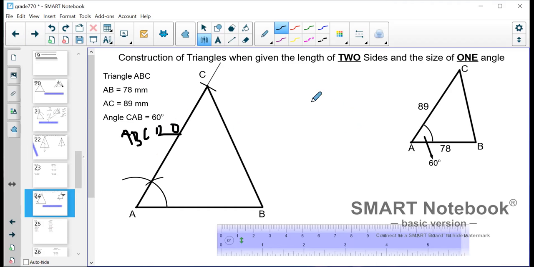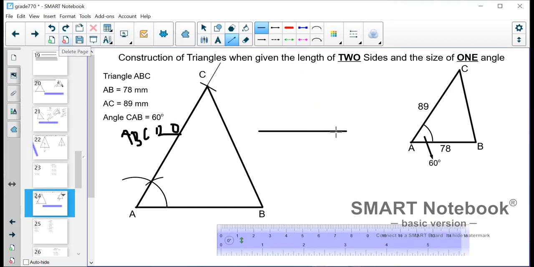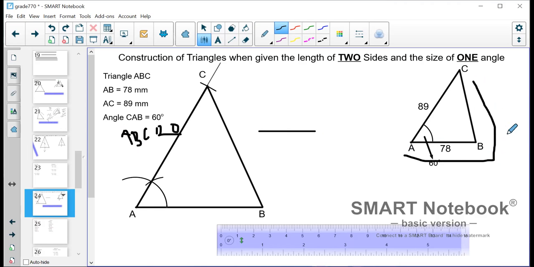So in this case, we draw our base AB, right? We construct our angle from B, because looking at this expression here, it's ABC. So the angle should be at B. All right, so we construct our 120 degrees from B.